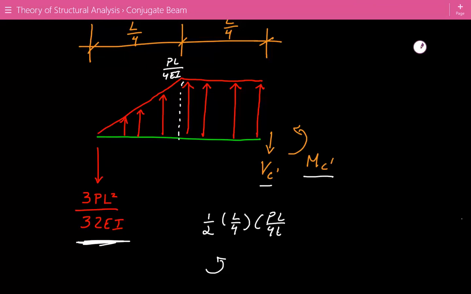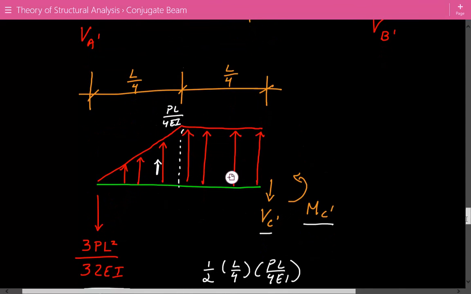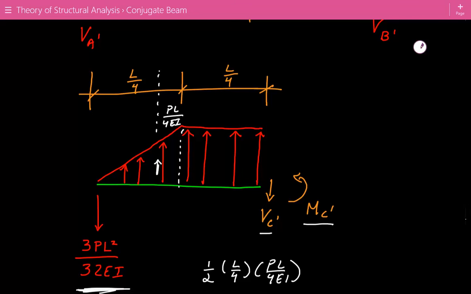The resultant of this triangle will be acting at the third point, so the location for the resultant is going to be L over 4 times 1/3. So the moment arm of this resultant about point C will be equal to L over 4 plus L over 12.